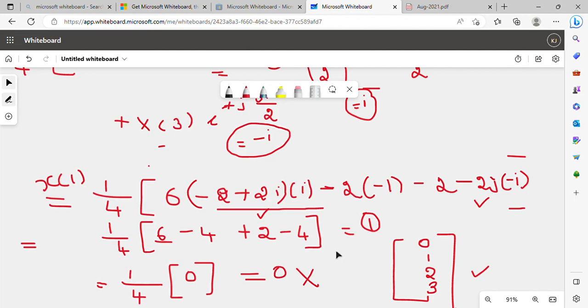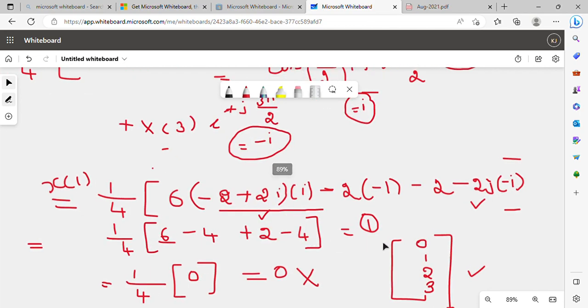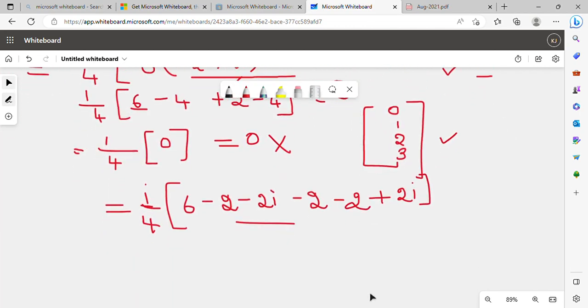Minus 2 minus 2i. This time I will bring it down, and it is minus 2, so it is minus 2 minus 2i into minus 1. Correct, right?